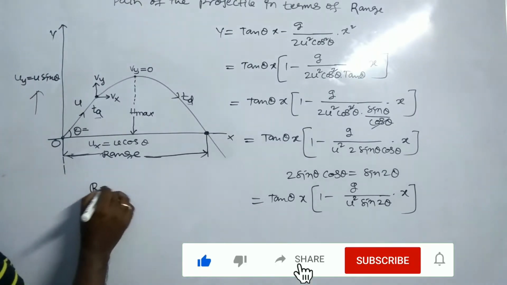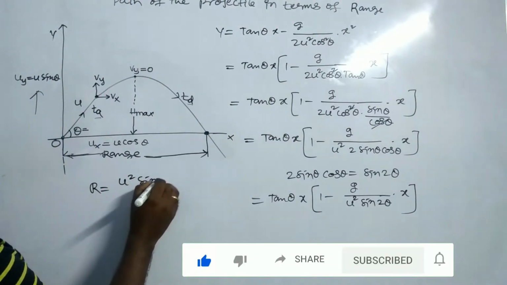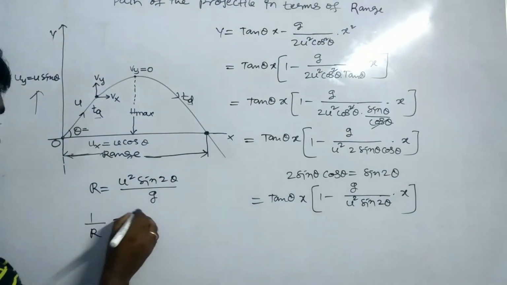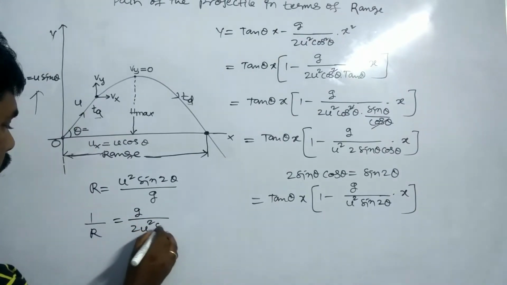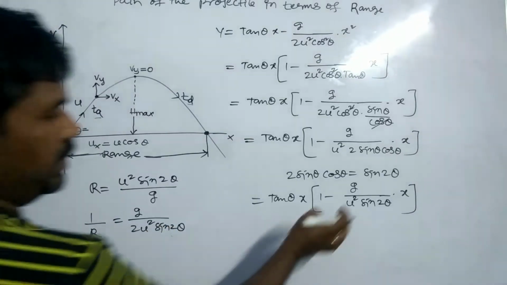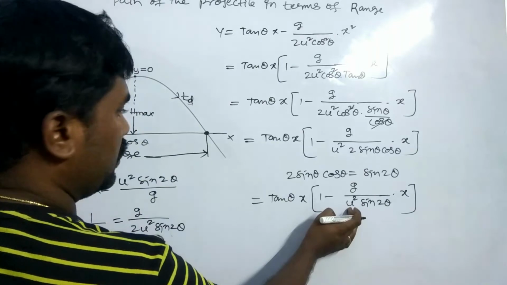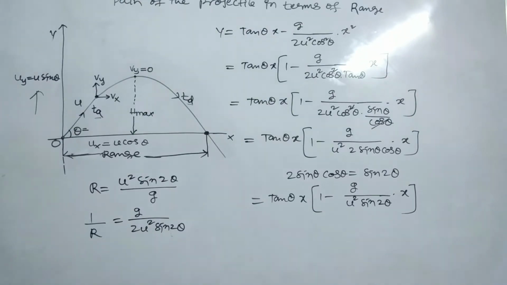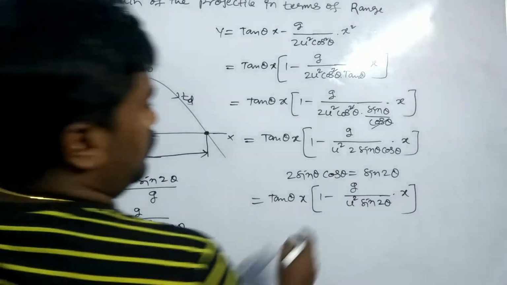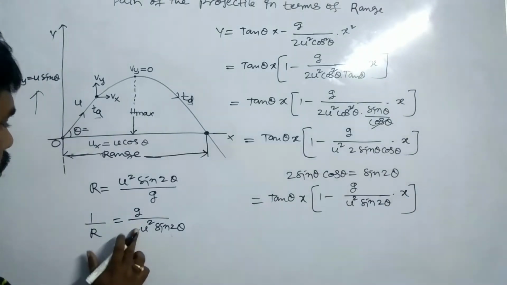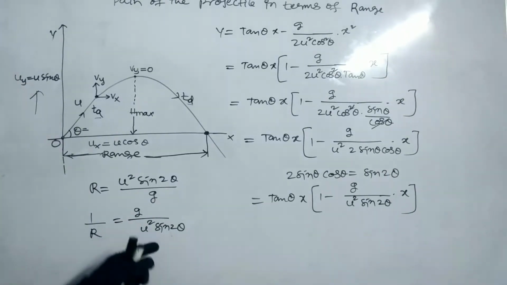So here R is equal to u square sin 2 theta by g, right? So 1 by R is equal to g by u square sin 2 theta.